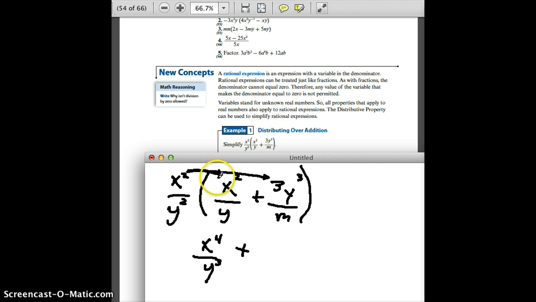Plus, and then distribute the x squared, so x squared times 3 y cubed would just be 3x squared y cubed. Now notice I put the 3 first because nothing changed with it.